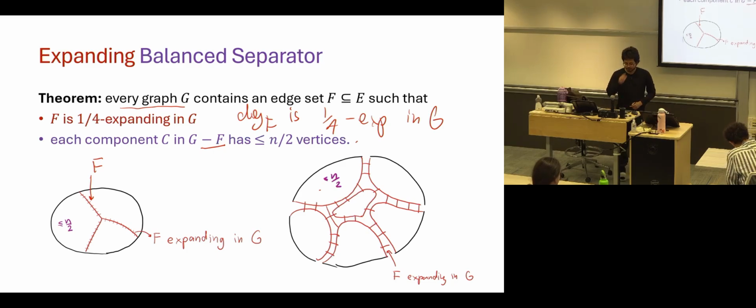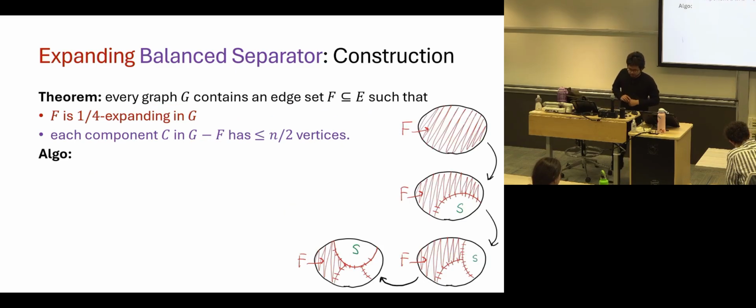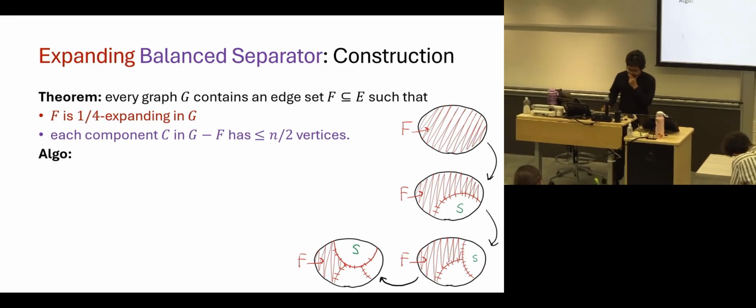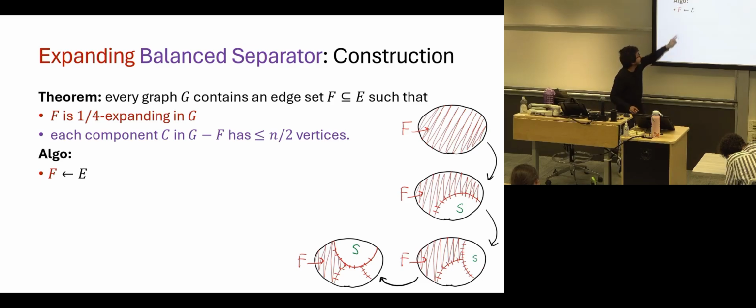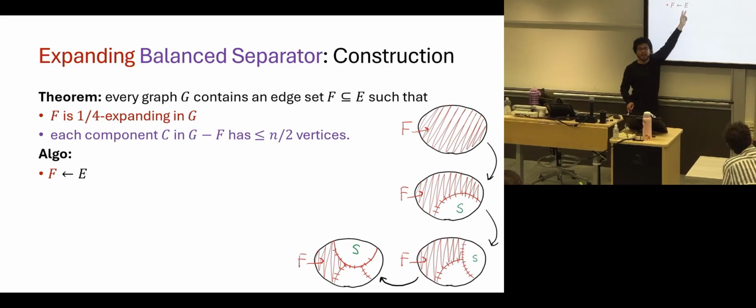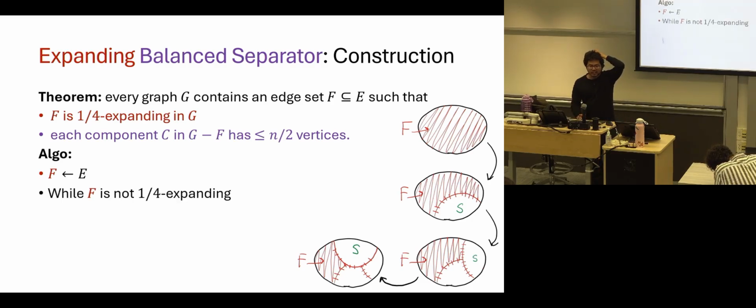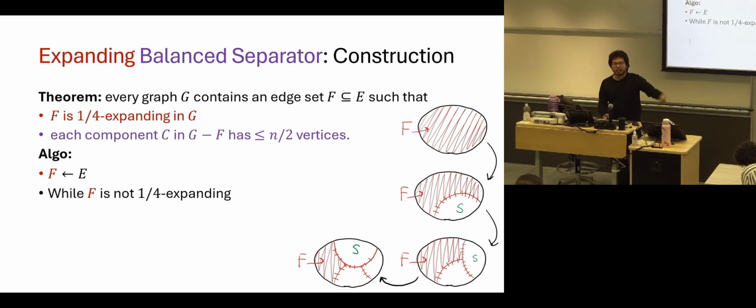So let's see why this exists. The proof is actually quite simple. The algorithm is like this. Let me initialize F with all edges. And then I just check whether F is expanding or not.